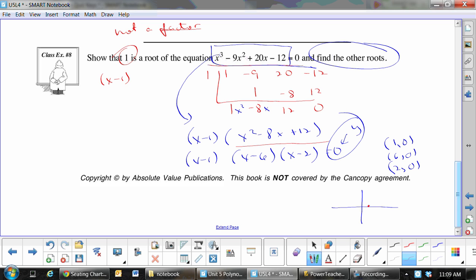Here's 1, here is 2, and here is 6. It would be doing this. Okay, that's the graph. A lot of stuff to make sure you keep straight.